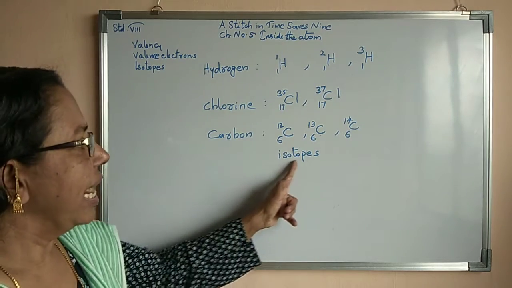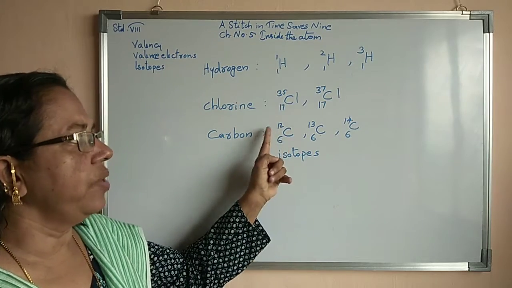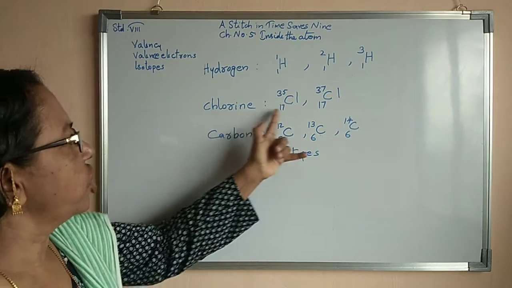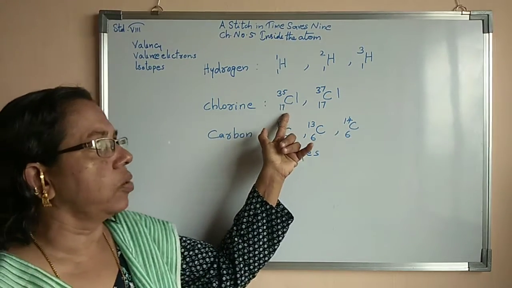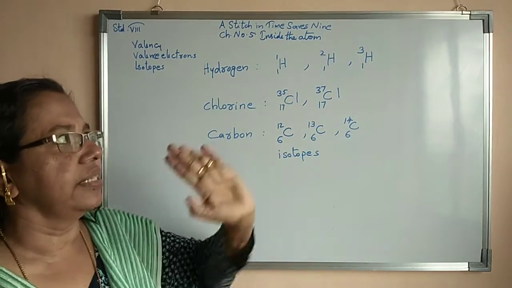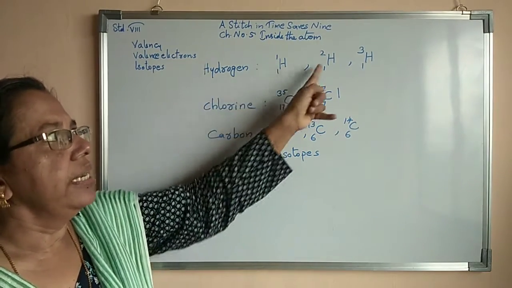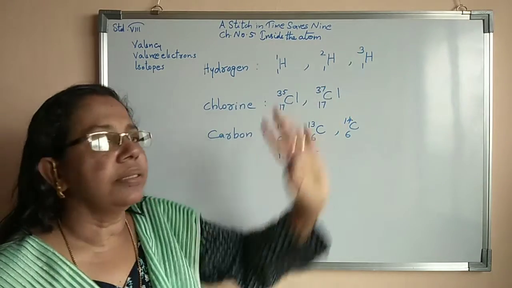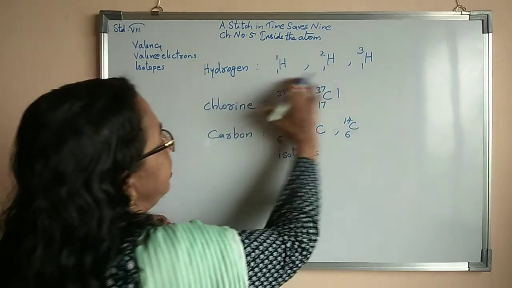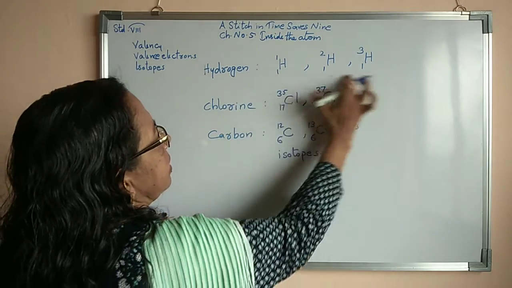Now here, isotopes of carbon: C-12, C-13, C-14. Isotopes of chlorine: Cl-35, Cl-37, with atomic number 17. Hydrogen: H-1, H-2, H-3. Now here is one more speciality. In all these cases, the atomic number is the same.